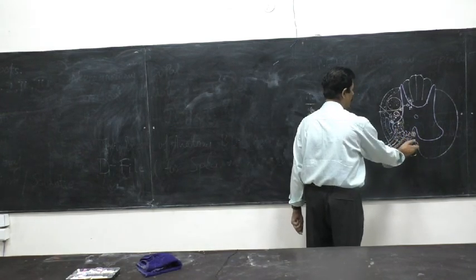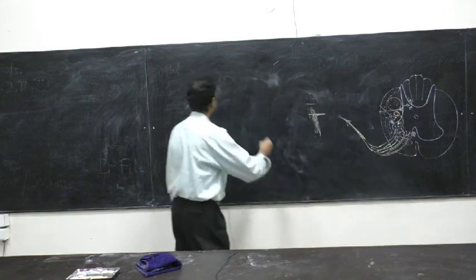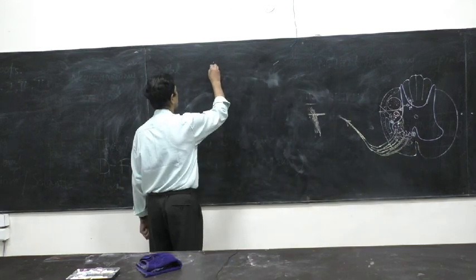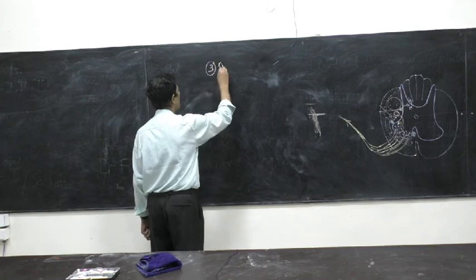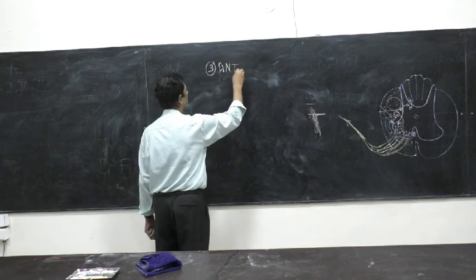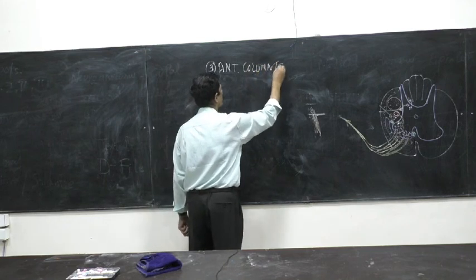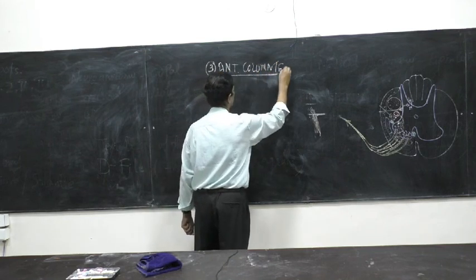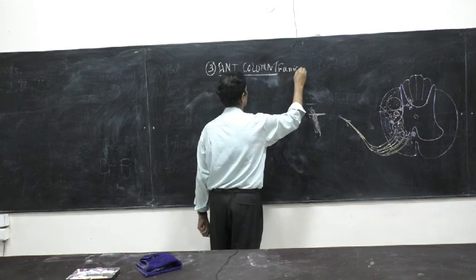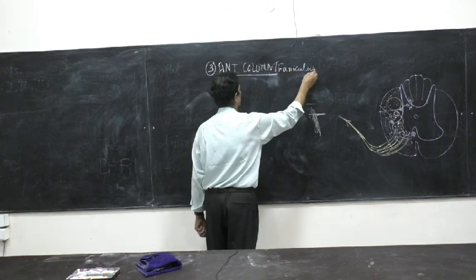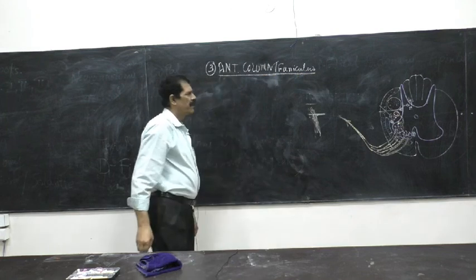This is the anterior column of the white matter. The third, the last one, is the anterior column or funiculus of the spinal cord.